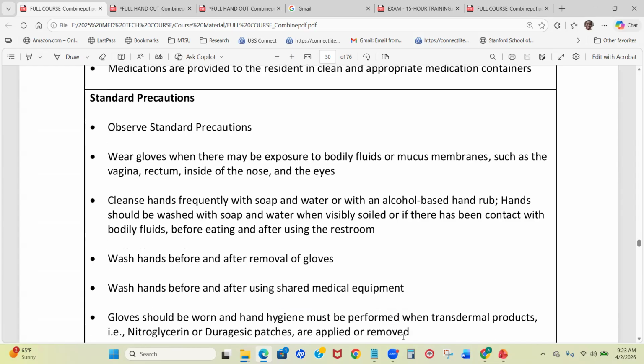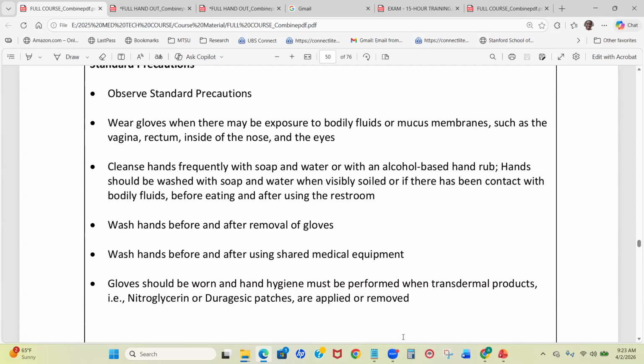When we say standard precautions, we want all med aides and all caregivers that give medication to observe standard precautions. You wear your gloves when there may be exposure to bodily fluids and mucus, such as the vagina, the rectum, inside the nose, and the eyes. Cleanse hands frequently with soap and water or alcohol-based hand rub.